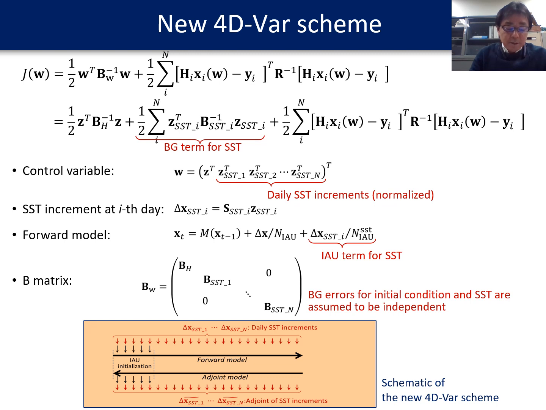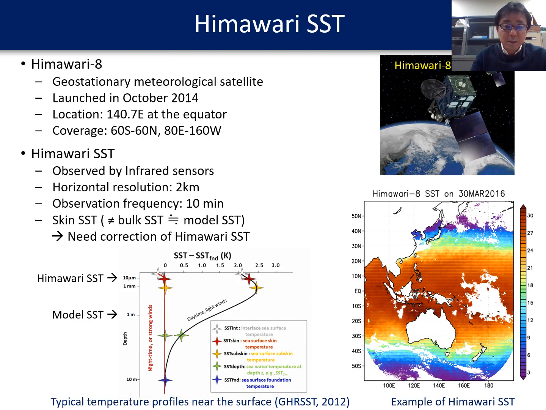So, we implemented this scheme into our 4D-Var system and conducted assimilation experiments. In the experiment, we assimilate high-resolution SST derived from the Himawari 8 satellite. Himawari 8 is a geostationary meteorological satellite launched in 2014.